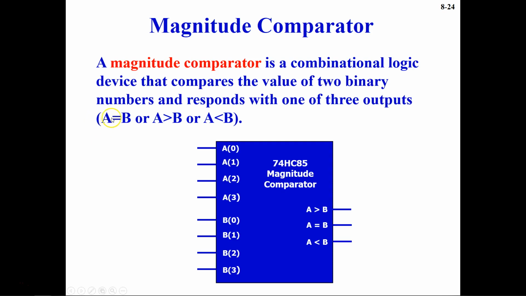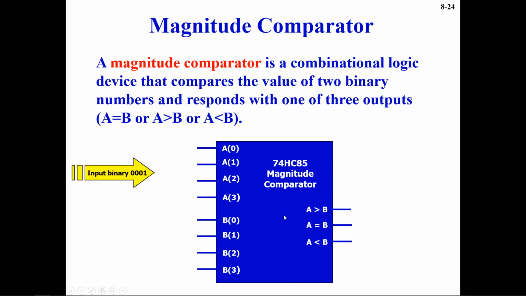Either they can be equal, or A can be greater than B, or A can be smaller than B. So these are the three output combinations you can have, and these are the four inputs A and four inputs B, and these are the outputs generated based on the inputs you receive. The comparison is made, and based on that the output will be turned on.